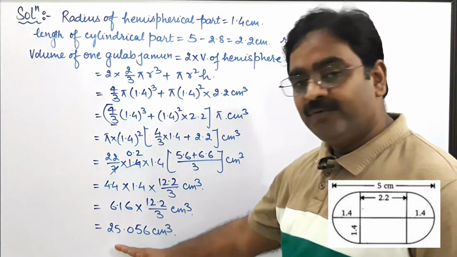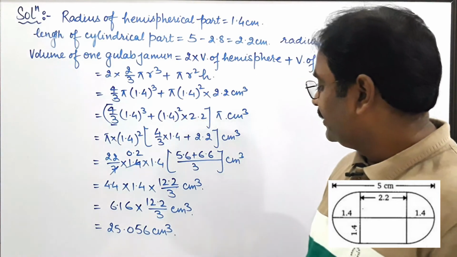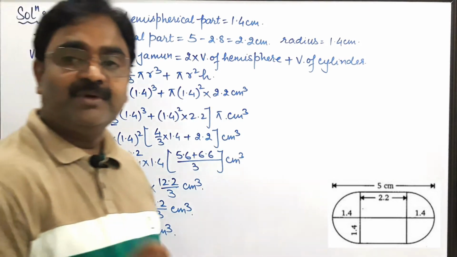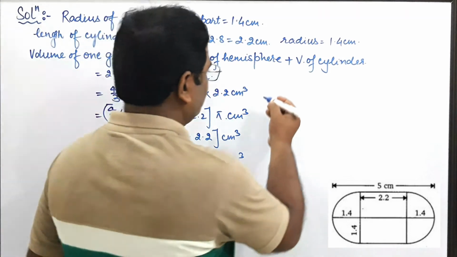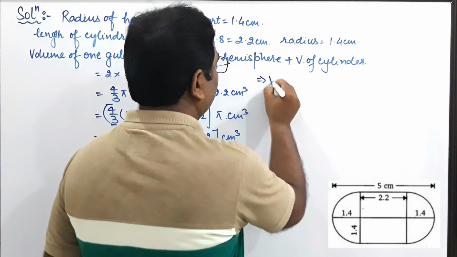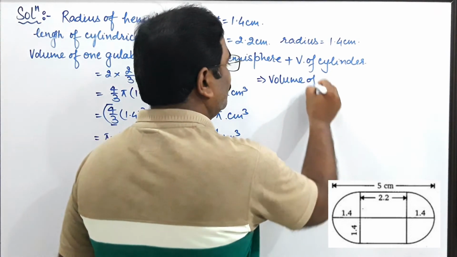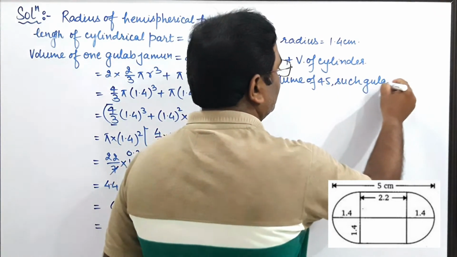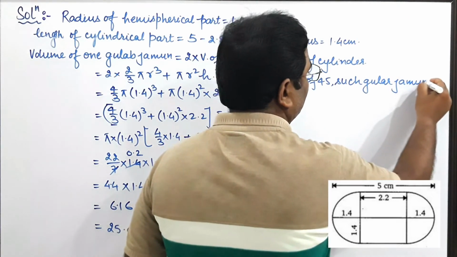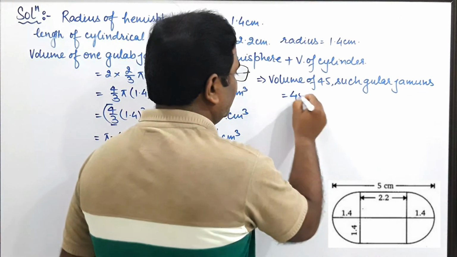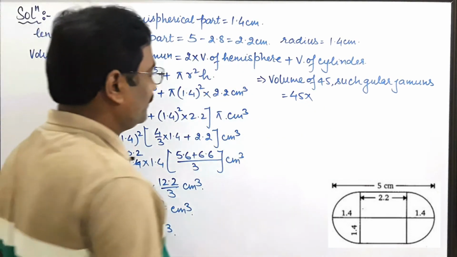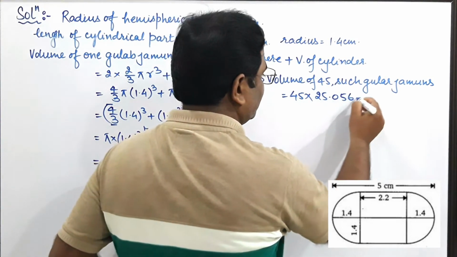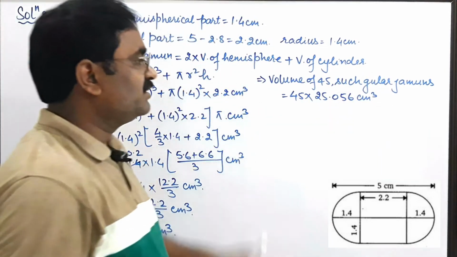As the volume of one gulab jamun is 25.056 cubic centimeter, so the volume of such 45 gulab jamuns is equal to 45 multiplied by 25.056 cubic centimeter. So let us multiply this number by 45.